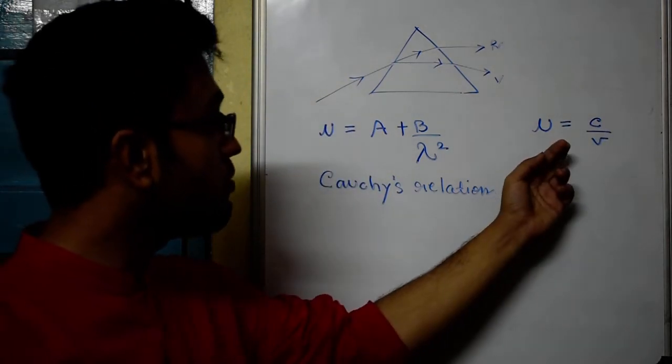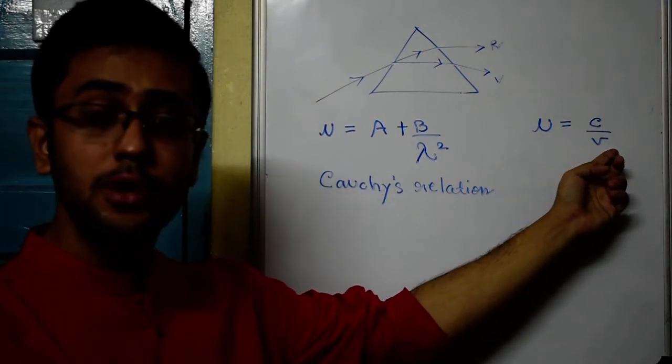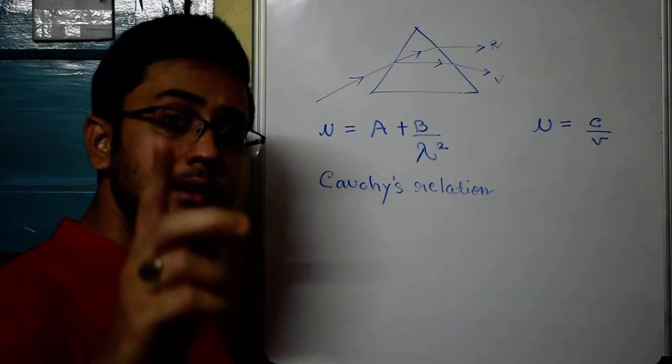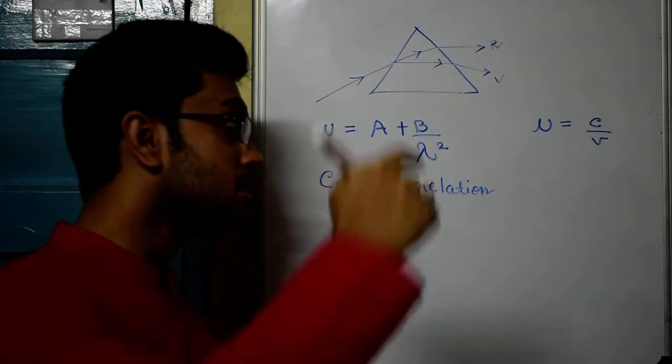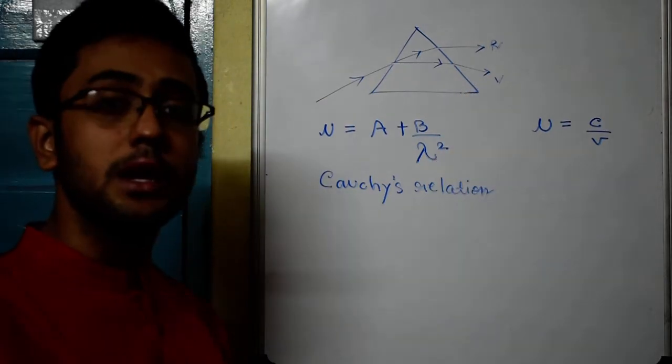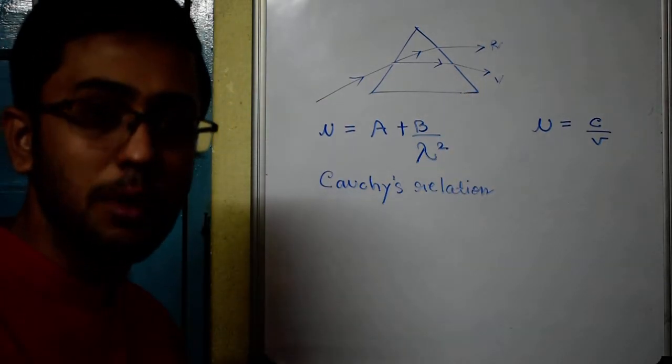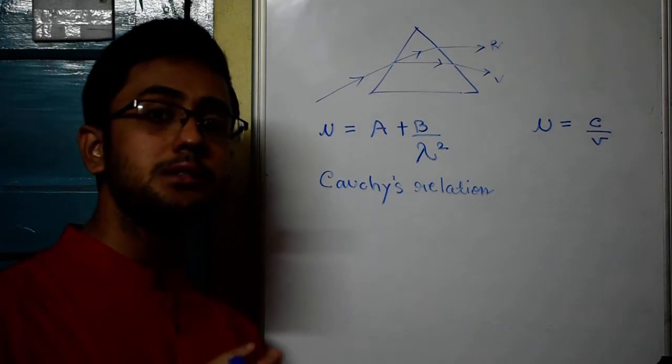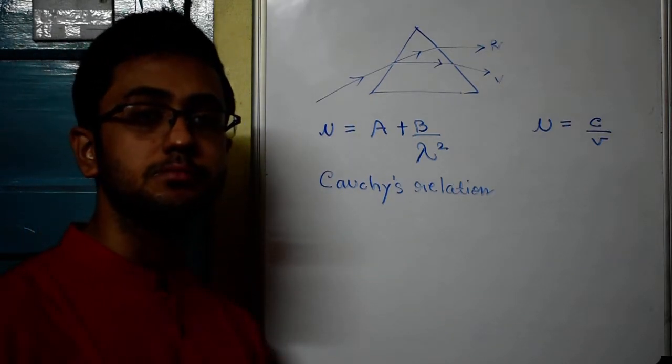So a greater value of mu implies a smaller value of v. So for violet light, the velocity in this particular refractive medium will be smaller than that for red light. So the cause of the dispersion is the different speeds of light inside the prism.